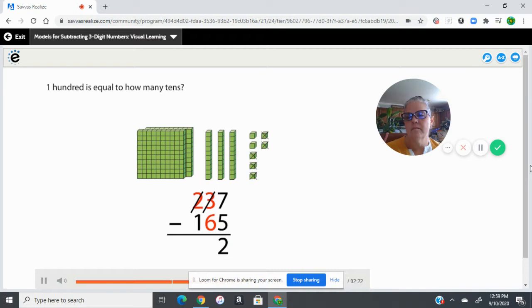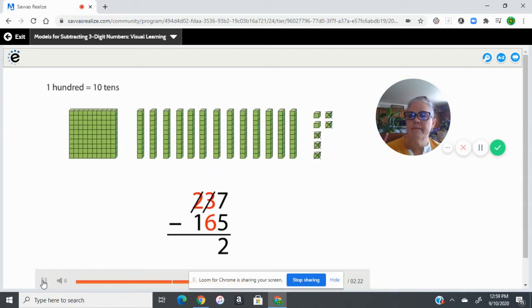100 is equal to how many tens? Okay. So just like we need to have 10 ones to regroup and make a 10 rod, we need 10 rods to make a 100 plate. 100 equals 10 tens. 13 tens minus 6 tens equals 7 tens.